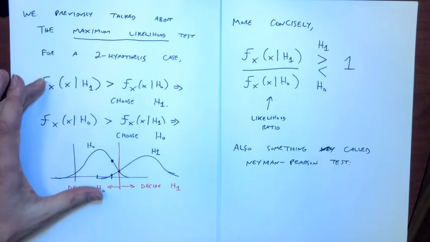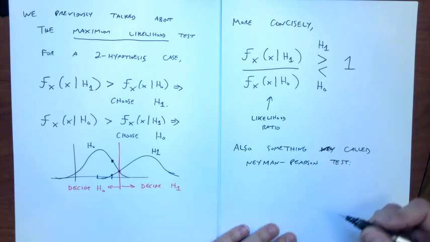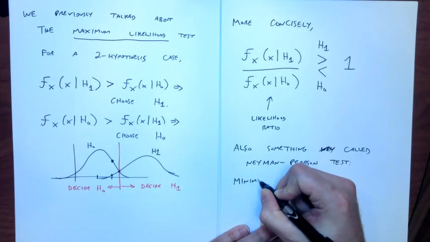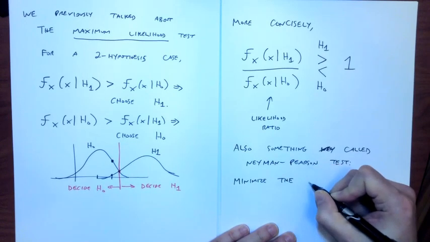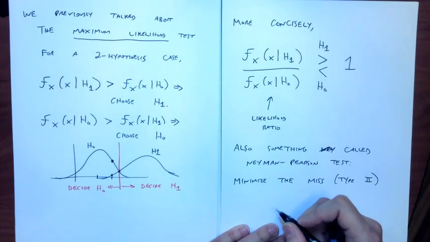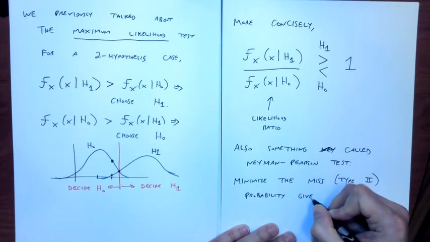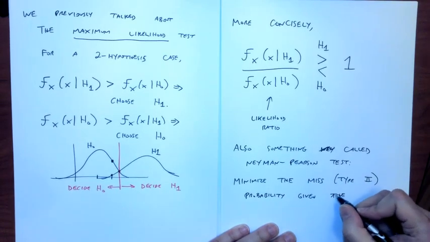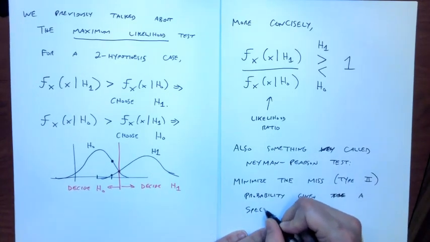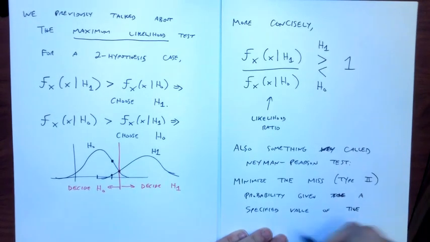And here you'll notice that this test, the maximum likelihood test, doesn't involve these type 1 and type 2 errors that I introduced earlier, right? It just says take whichever one's bigger. The Neyman-Pearson test tries to bring these things together. It basically says I minimize the miss, or the type 2, probability given a specified value of the false alarm probability.